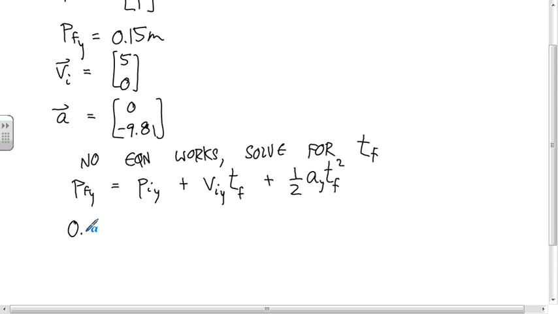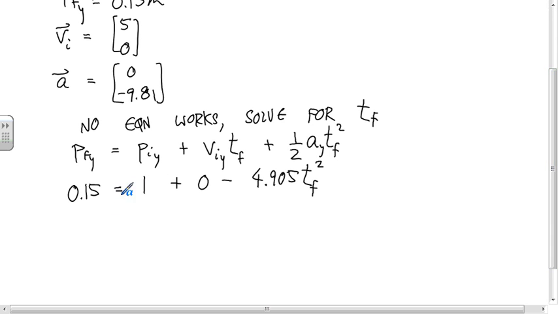So that says 0.15 is equal to 1 plus VIY is 0, so this whole term is equal to 0. And then plus 1/2 times negative 9.81 times TF squared. That is negative 4.905. I just combined the 1/2 and the negative 9.81, TF squared.